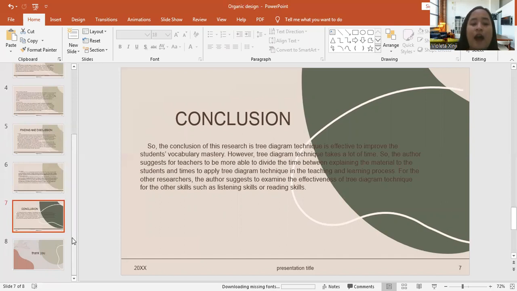For other researchers, the author suggests examining the effectiveness of the tree diagram technique for other skills such as listening skill or reading skill.